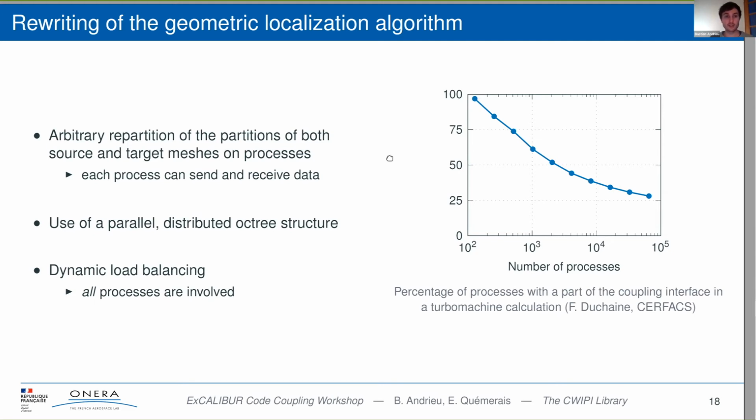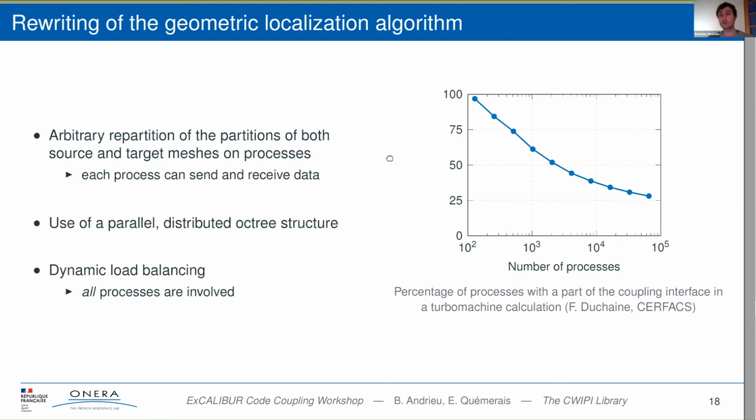The issue of dynamic load balancing has been raised quite a few times today, and it is crucial for high performance computing. So the new algorithm we have written is fully balanced and dynamically balanced.